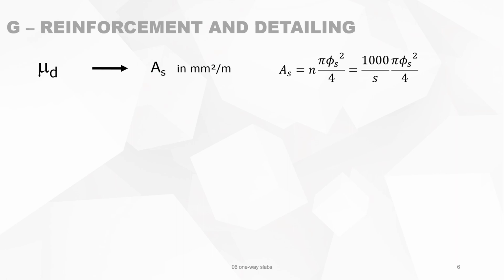This means that we can express the reinforcement as, for instance, 3 rebars 10 per meter, or you can also say diameter 10 with a spacing of 333 millimeters. So either you specify the number of bars, or you specify the spacing.